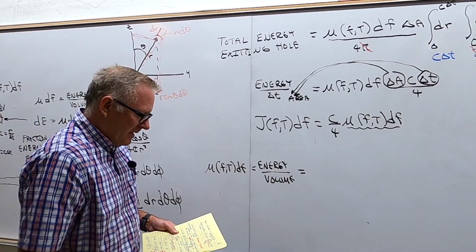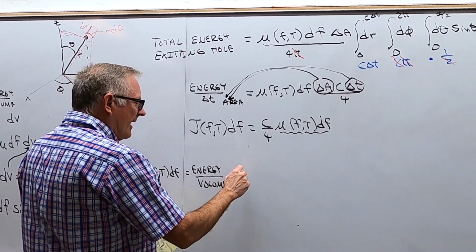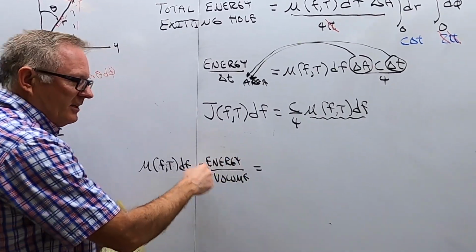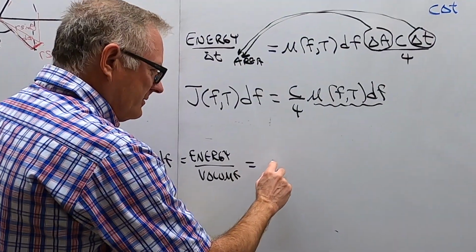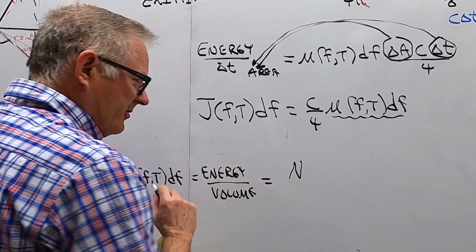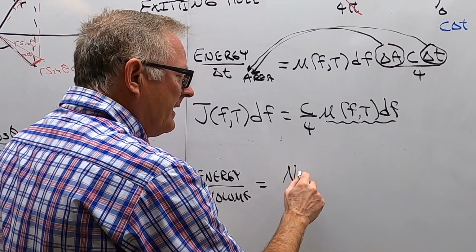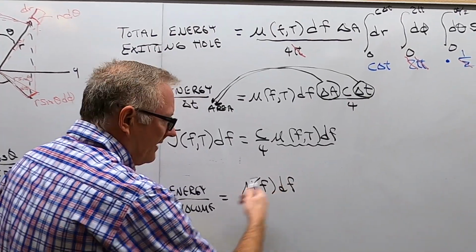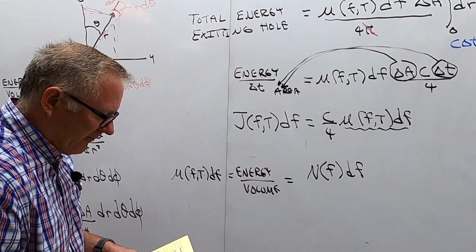The more oscillators you have on the wall, the more energy you have. So I'm going to break this energy into the number of oscillators at a certain frequency between f and f plus df.